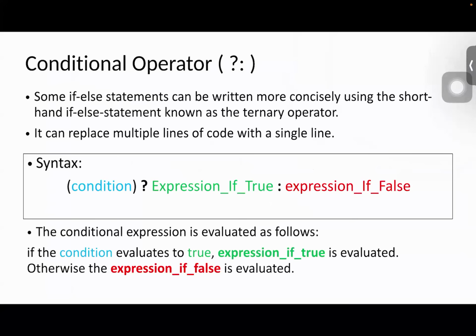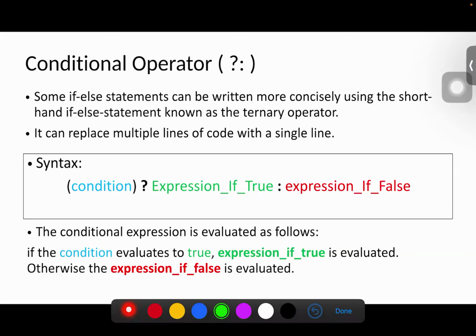So the if statements we've been writing, we can write in a shorthand form by using what we call the ternary operator, right? How do we write the ternary operator?